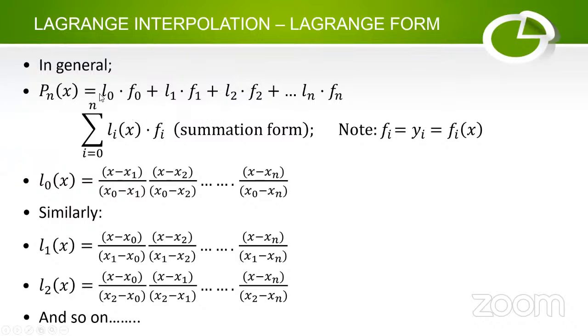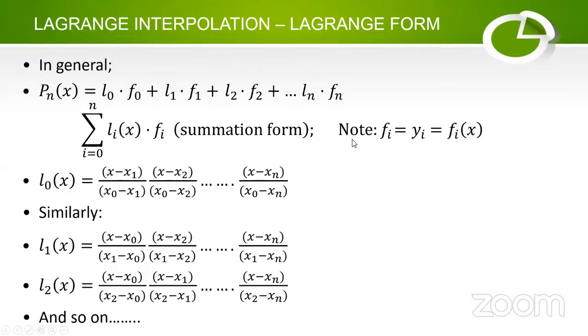For every Lagrangian basis polynomial, we have a function that is being outputted. Now, if we look at the Fi's here, F0 is also equal to Y0, and is also a function Fi of x.